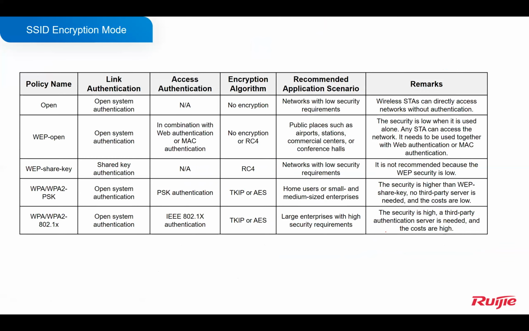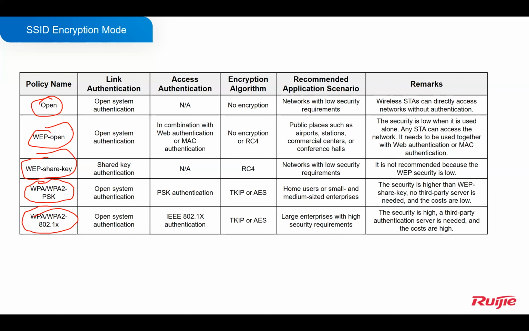Here we provide different SSID encryption modes: open and WEP open, WEP shared key, WPA or WPA2 PSK, and WPA or WPA2 802.1x. For different SSID encryption, we can see many details in this form.